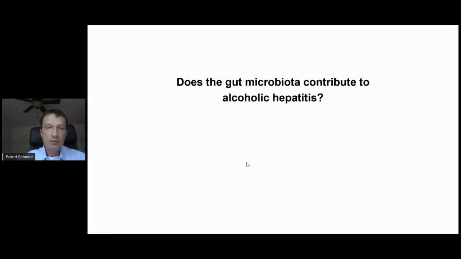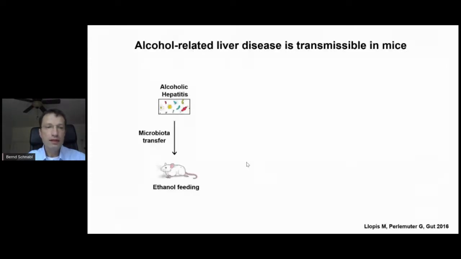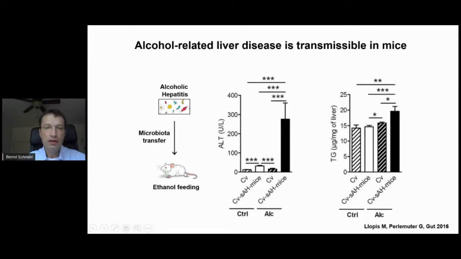So does the gut microbiota contribute to alcoholic hepatitis? I just want to show you one preclinical and one clinical study. The preclinical study was published several years ago, and Gabriel Perlmutter from Paris used germ-free mice. He colonized them with stool from alcoholic hepatitis patients and then fed these mice ethanol chronically.